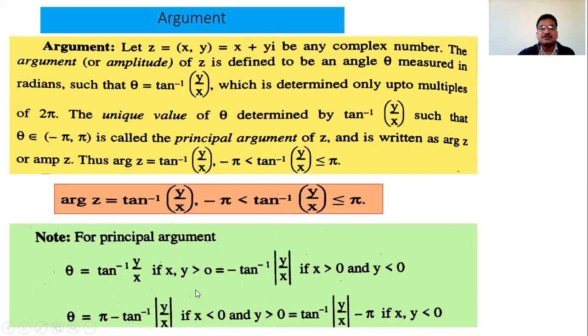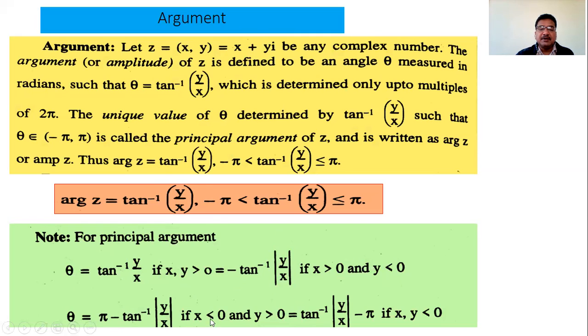There are 4 definitions. If x and y are both positive, the number lies in the first quadrant, then use this definition. If x is greater than 0 and y is less than 0, the number lies in the fourth quadrant, then use theta as minus tan inverse mod y by x, taking the positive number y by x.